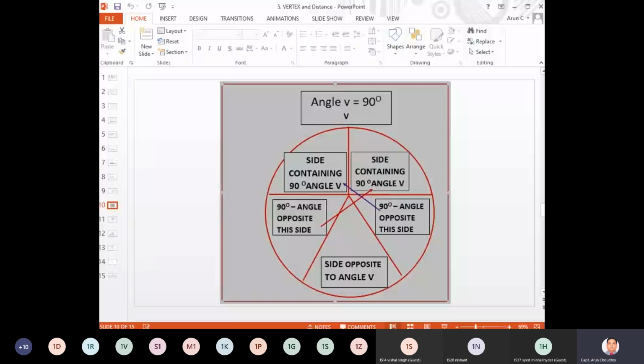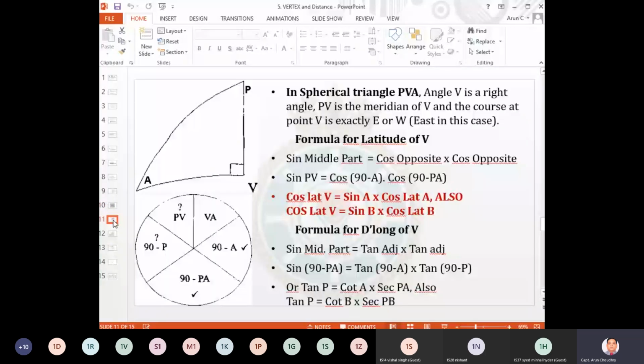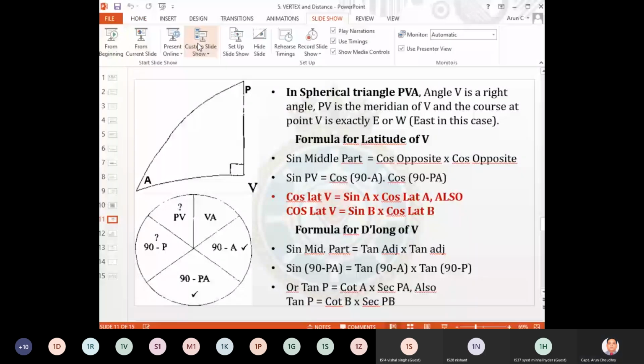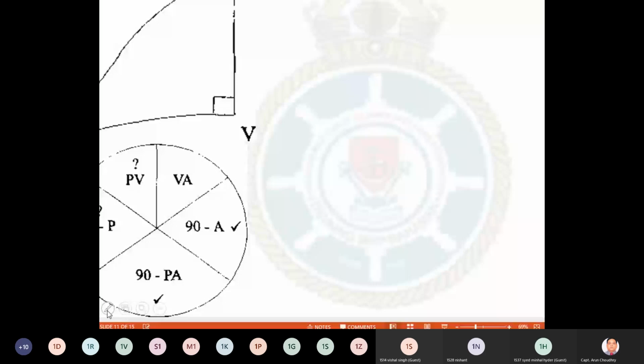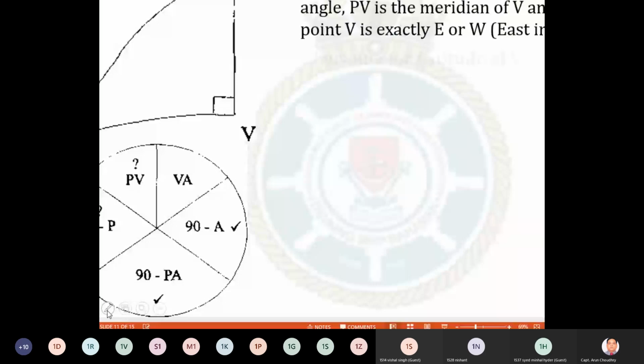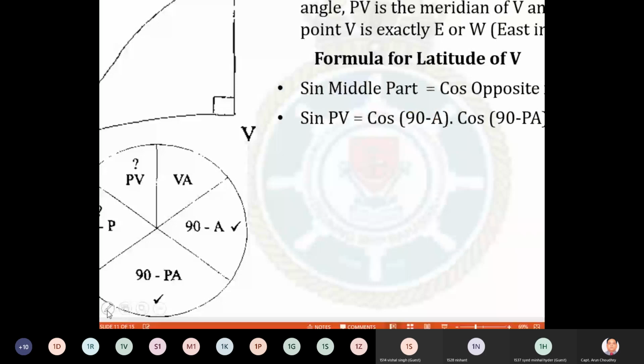Okay, anyway, this was just so that you have understood and you will know what the formulas are. So I'm showing you the formulas again here, and if you know how to make the Napier diagram, and if you know what those two formulas are, then you can easily apply them.